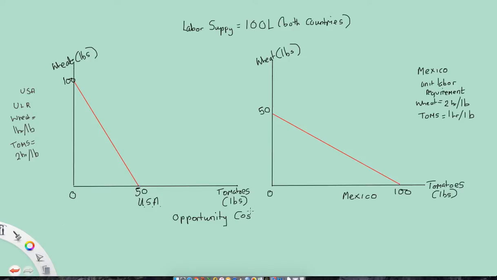It's the thing you abandon. So there's only two things in this economy, wheat and tomatoes. So the cost of wheat is lost tomatoes, and the cost of tomatoes is lost wheat. So it's the value of the foregone alternative.